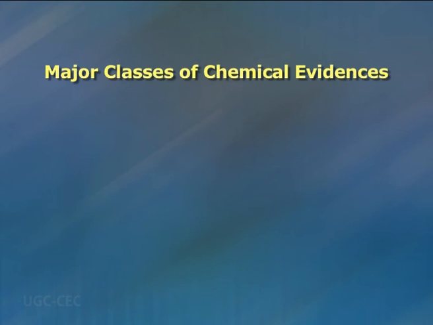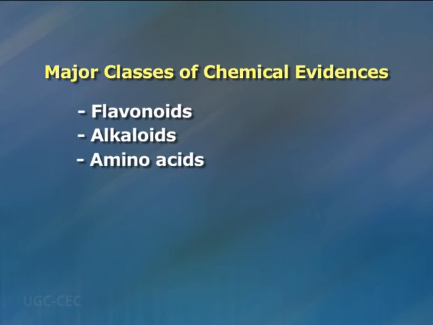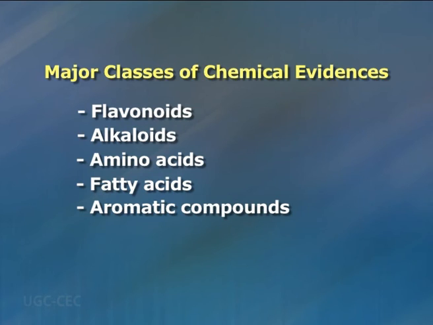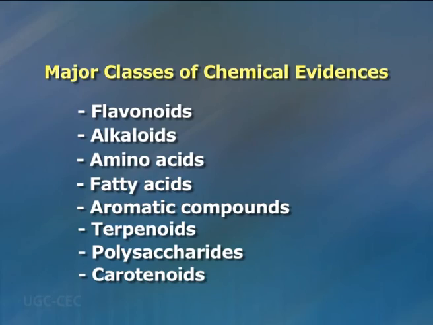Application of chemistry to taxonomy is called chemical taxonomy or chemotaxonomy. Chemical evidences are used in determining the relationship among taxa of different categories. Some of the major classes of chemical evidences include flavonoids, alkaloids, amino acids, fatty acids, aromatic compounds, terpenoids, polysaccharides, carotenoids, etc. It is also known as biochemical systematics.